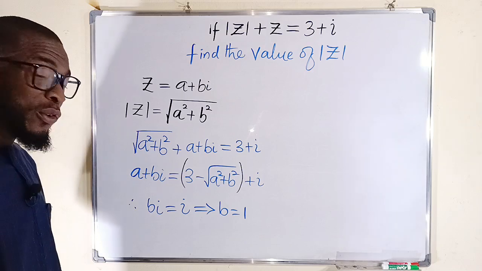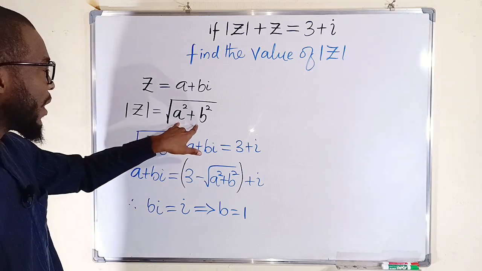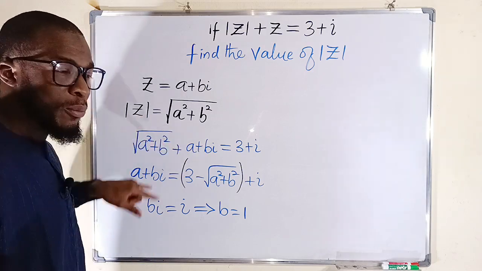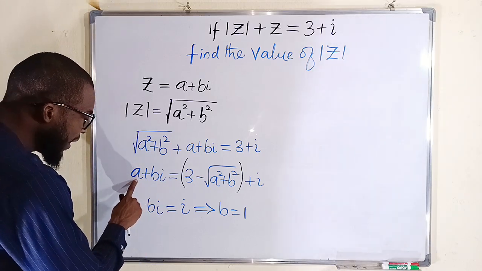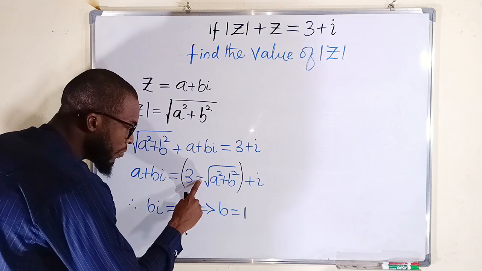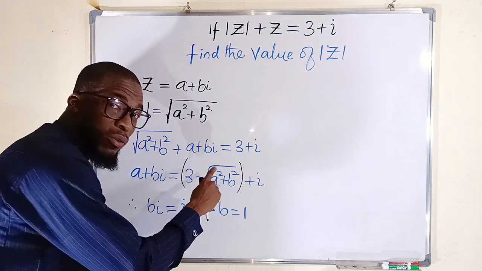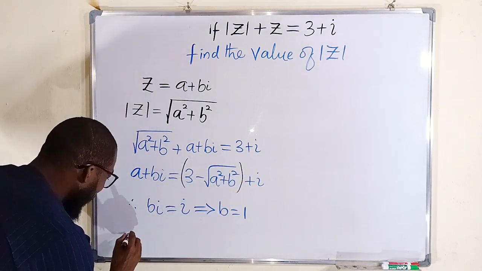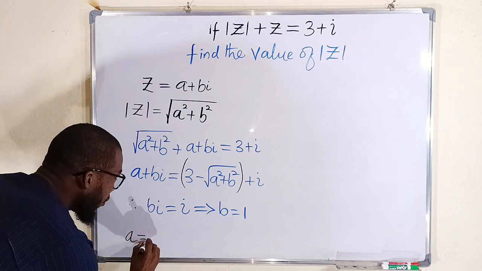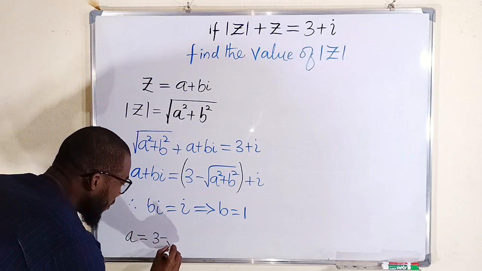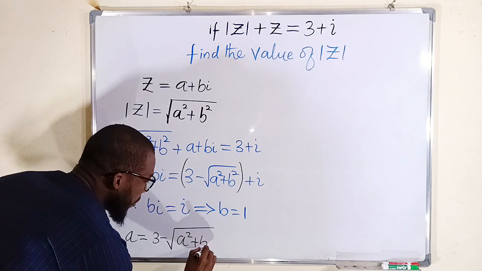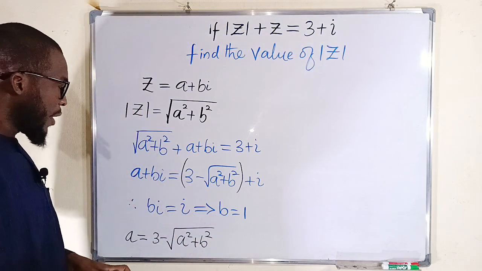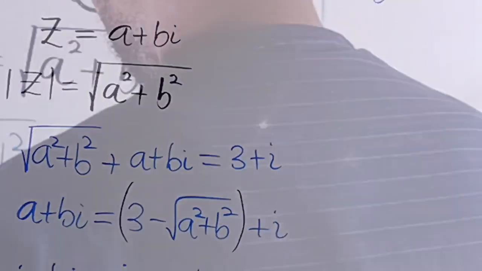Now let us find the value of a before we plug them back into this to find the z modulus. It implies that a is equal to 3 minus the square root of a squared plus b squared, right? Now let us make this the subject.